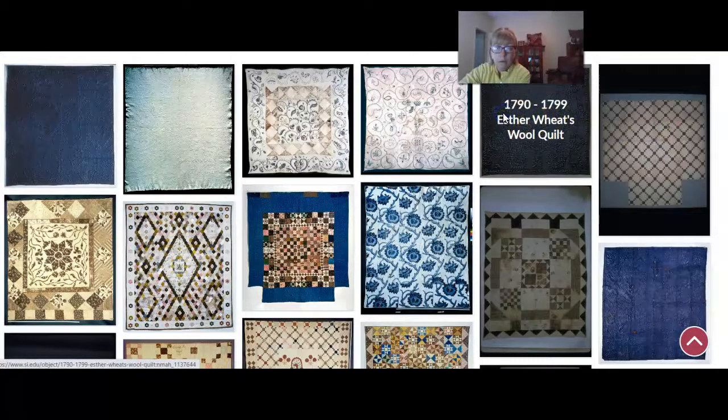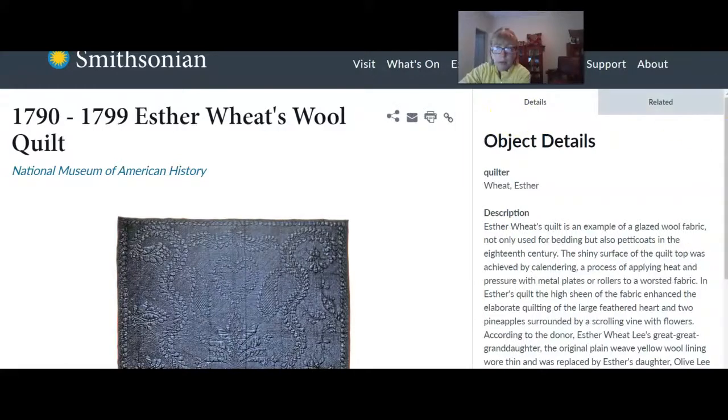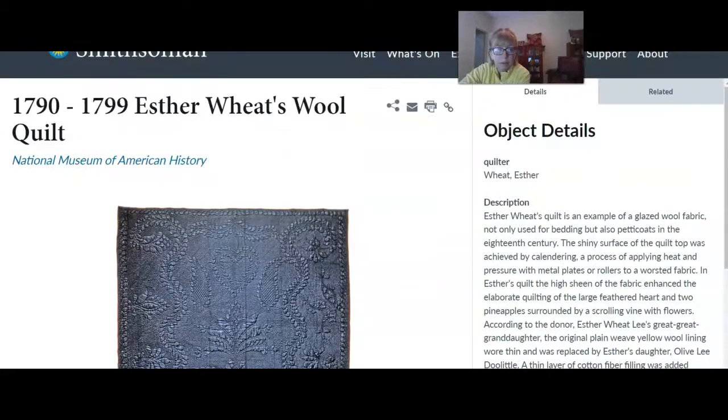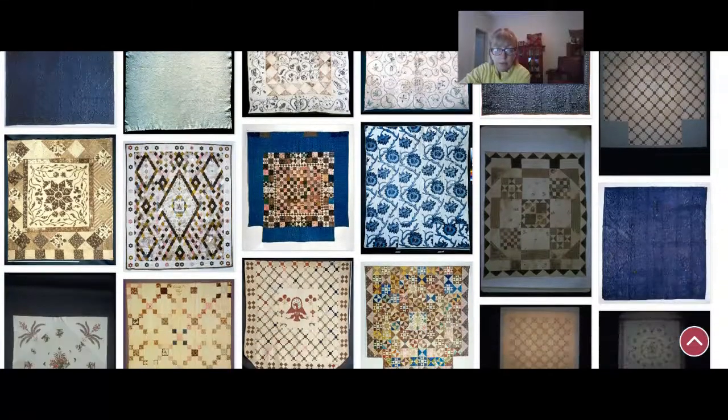And here's a wool quilt. But they had designs that corresponded to sort of the Jacobean designs, scrolling vines, flowers, and they cared for them as basically works of art, sort of like embroidery, etc.